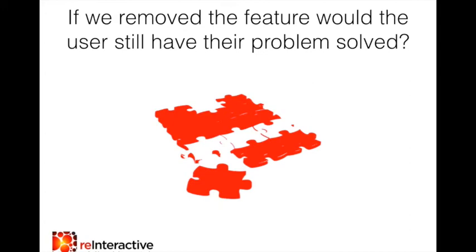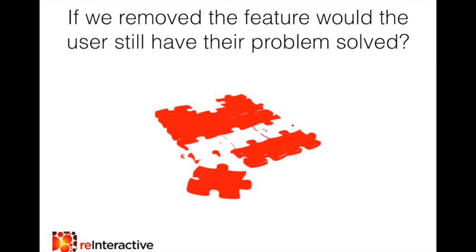So really, we've got to be asking ourselves a question about each feature. And the question is this: if we remove that feature, would the user still have that problem solved? And if the answer is yes, the problem is still solved, then we can strike that feature off the list.